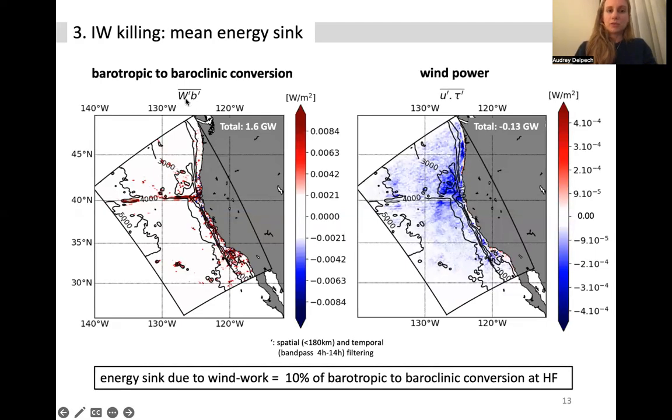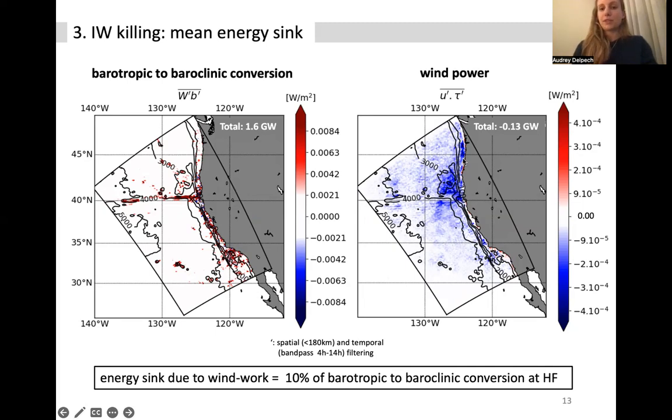I've computed the W prime B prime term, which corresponds to the barotropic to baroclinic conversion, so the amount of energy that goes from the barotropic tides into the baroclinic tides. Summed over the whole domain, we have 1.6 gigawatts power input into M2 internal tides, mostly located along the Mendocino Ridge and along the continental shelf break.